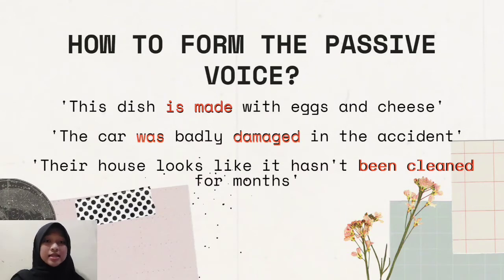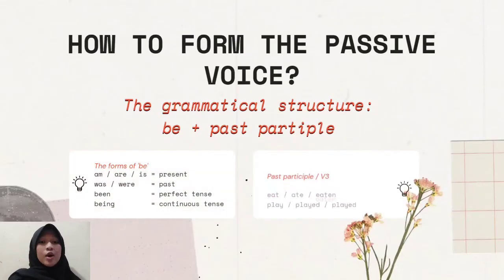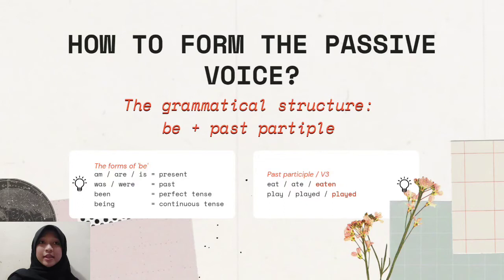All 3 sentences contain the verb be and the past participle. The past participle is also called verb number 3. This is what you need to form a passive sentence. When you form the passive, you need be plus past participle.